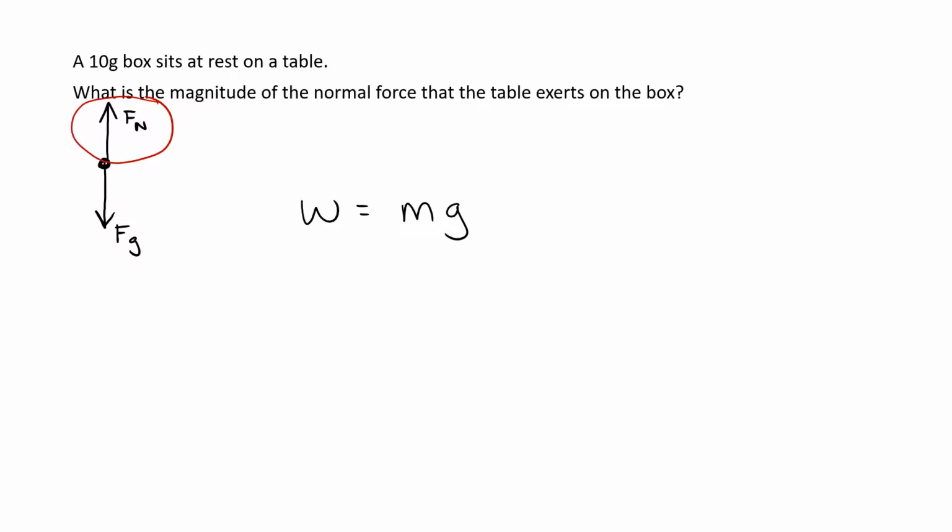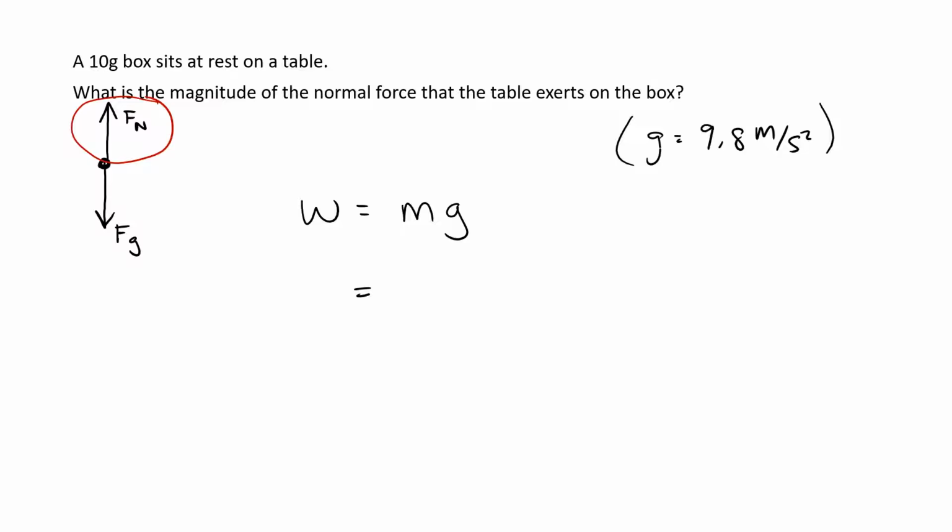All right. So we have the weight equals mass times gravity. I think everyone should know already by now that gravity is 9.8 meters per second squared. What's the mass that we need to use? We need to use kilograms, right?